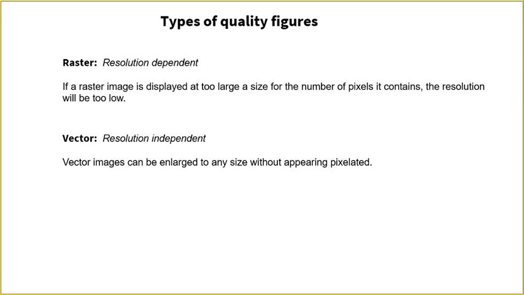So what are the types of quality figures? Here it is a technical one: raster and vector images, or raster data and vector data we can say. Raster data is resolution dependent, because generally we are creating raster images.